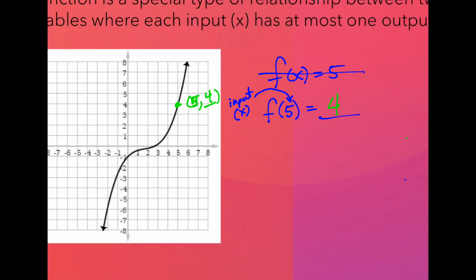And so what would the f of negative 2 be? Well, if we go to negative 2 along my graph and go down, we can see it looks like negative 5. Actually, it looks like it's going down to negative 6.